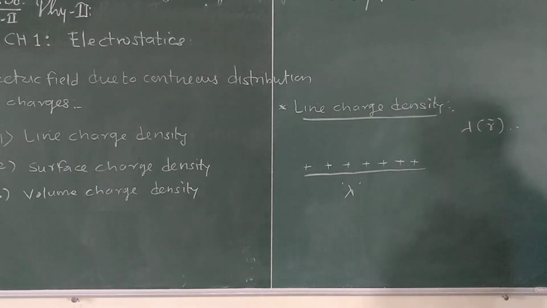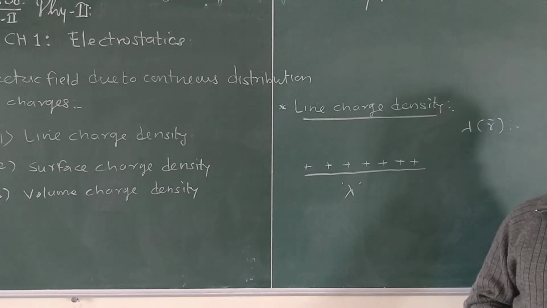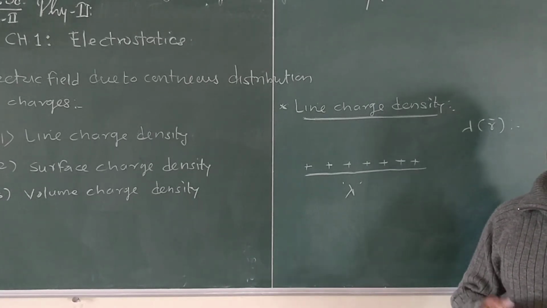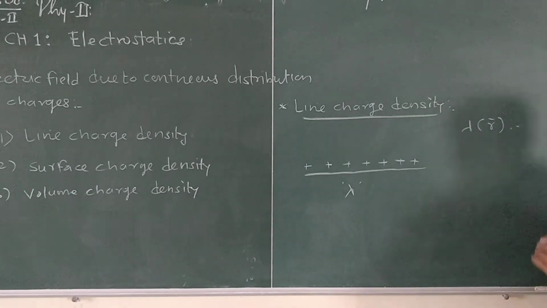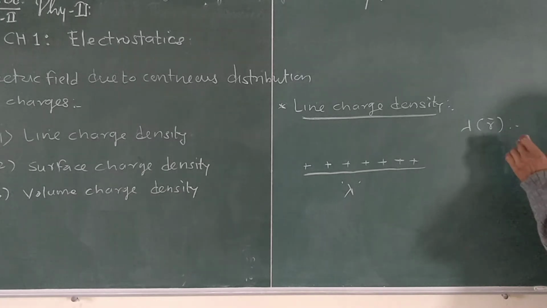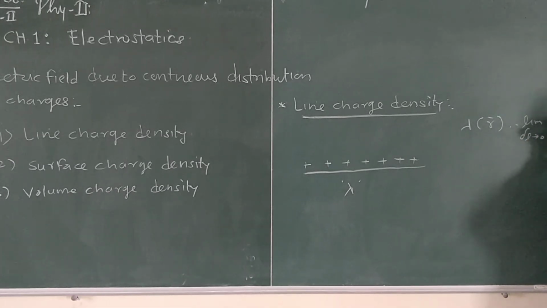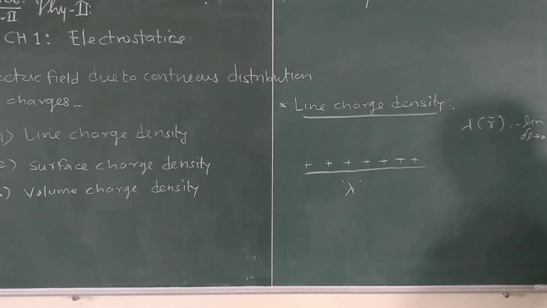Okay, so line charge density is nothing but the charge per unit length. So lambda of r equals limit delta L tends to 0 of delta Q upon delta L. This is the line charge density.